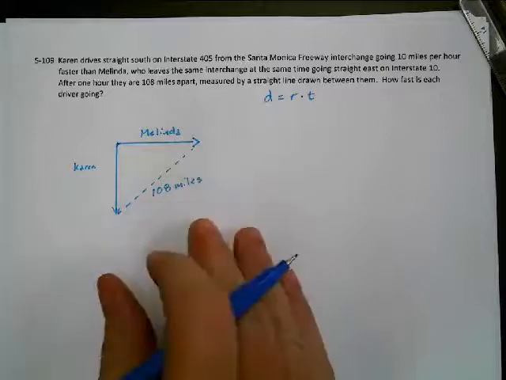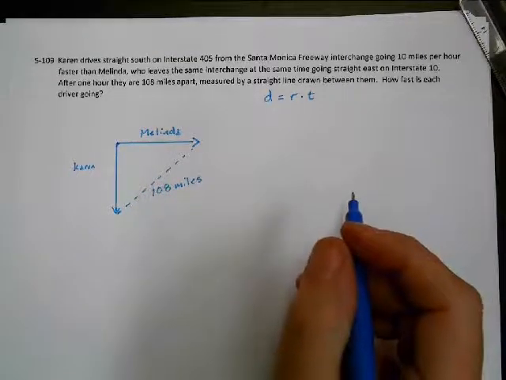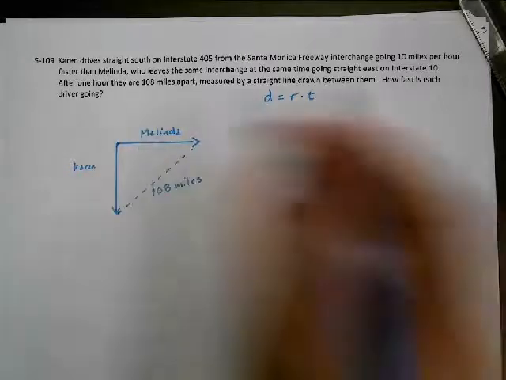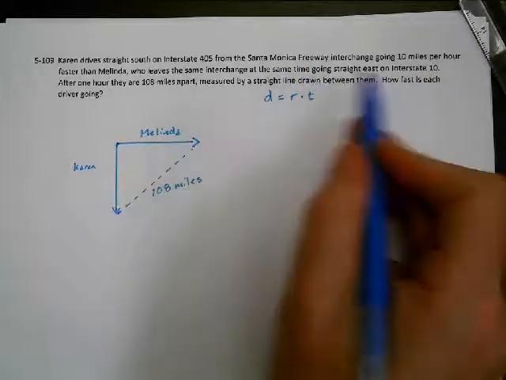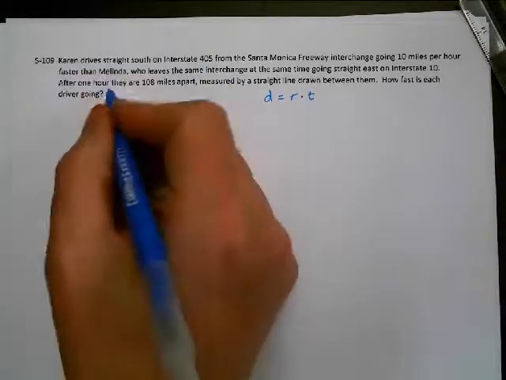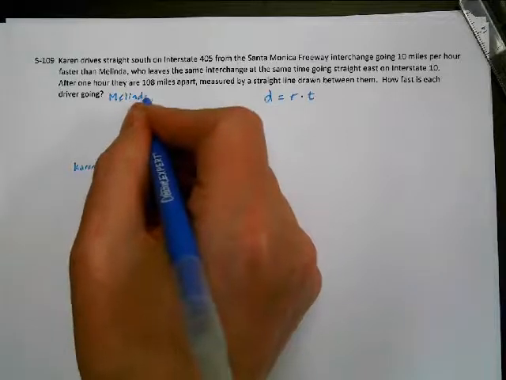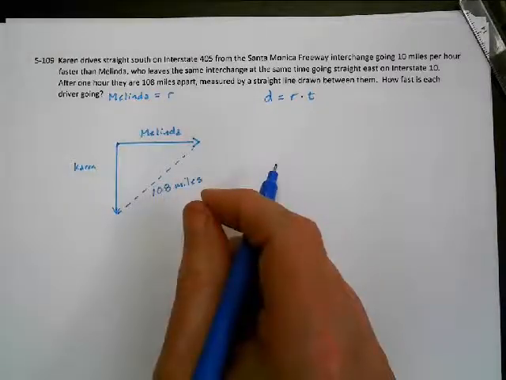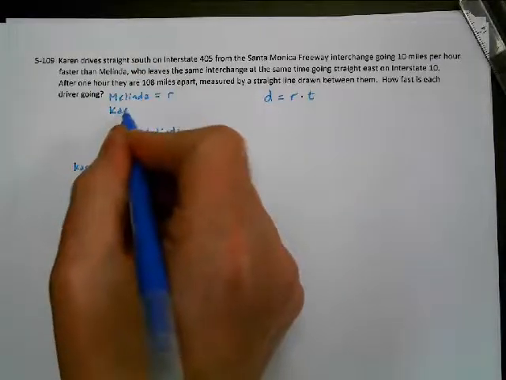So for this first one, I've got to take into account that she's going 10 miles an hour faster than Melinda. So I'm going to write that Melinda, her speed is going to be R. And then Karen, her speed is going to be R, 10 miles per hour faster is going to be R plus 10.